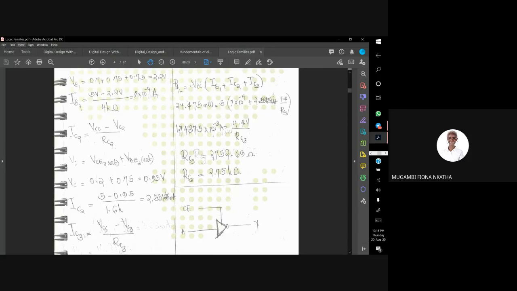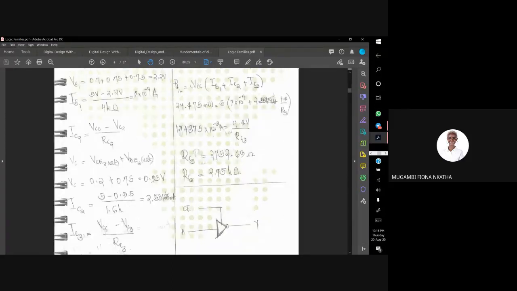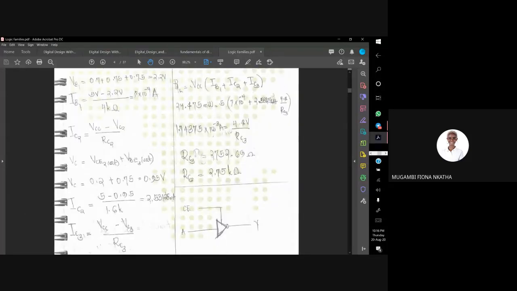Having said that, it will be equal to 0.7 volts plus 0.75 plus 0.75, you get 2.2 volts. So our IB1 will be 5 minus 2.2 over 4K. You get 7 times 10 to the power negative 4 amperes. Now to find our IC2, this is VCC minus VC2 over RC2. But what is our VC2?